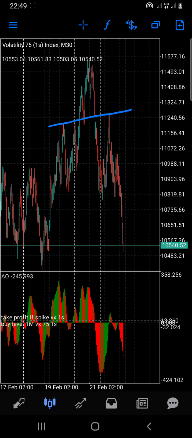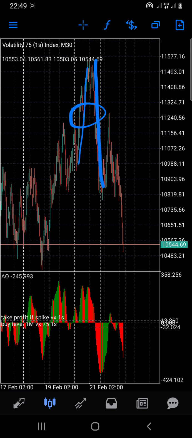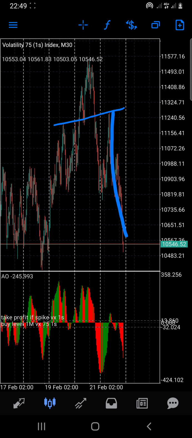You see, it was broken and it came right back in. So you have to mark this area where it broke out and came back in. You can see it was actually still maintaining the trend line. That was what sent it way back, thereby completing the left and the right shoulders.